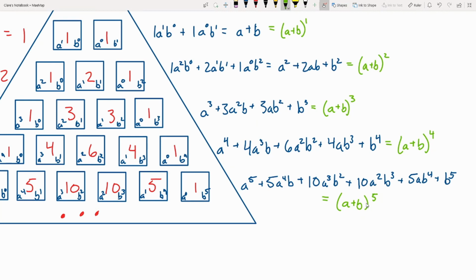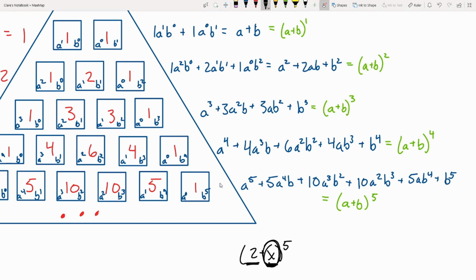Now, if you remember from number 1, we had to find the coefficient of x squared in the expansion of (2 + x) to the 5th. Here's our a, here's our b. We wanted to find everything with b squared.